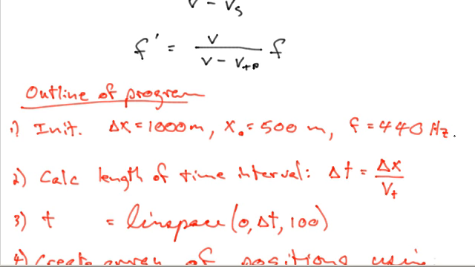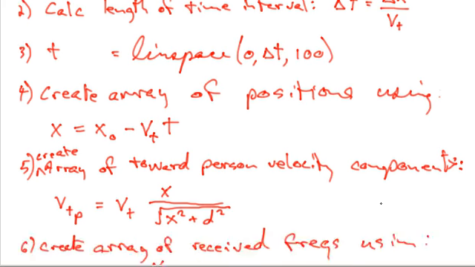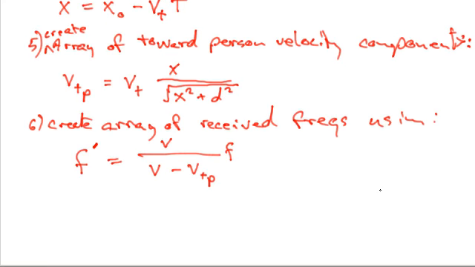Alright, so then plot. I want the frequency versus the time, so I go t comma f. Alright, that should do it.